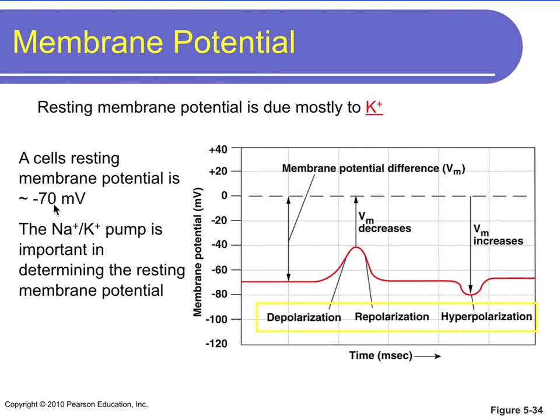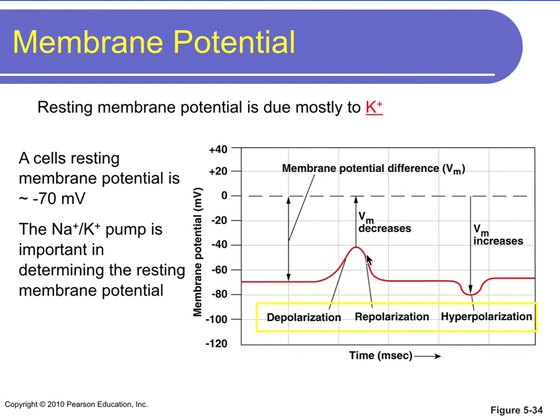It's mostly negative 70 because of potassium, which basically tells you that when potassium levels change, your resting membrane potentials are going to change. So potassium plays a really big role here. So here's my resting membrane potential at negative 70. When your membrane potential becomes more positive, we always call it depolarizing. Whenever you become more positive, whether you're going from negative 100 to negative 70 or negative 70 to 0, if you're going in the up direction, you are depolarizing.